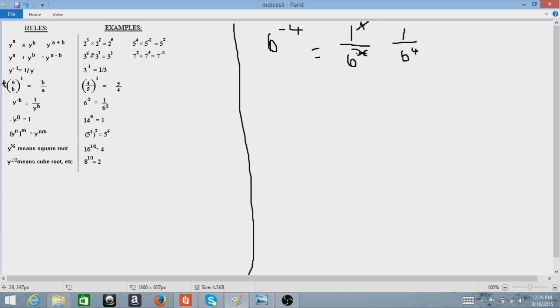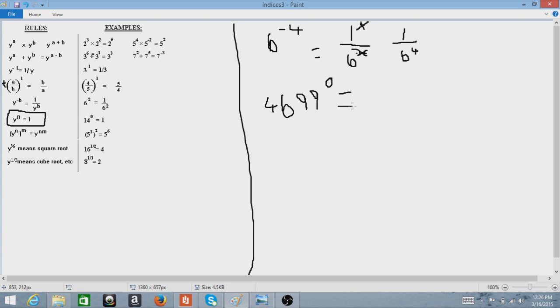Now for this here, anything to the power of 0 is equal to 1. This is a very important rule. Many persons get mixed up with this. Let's say I have 4,699 to the power of 0.